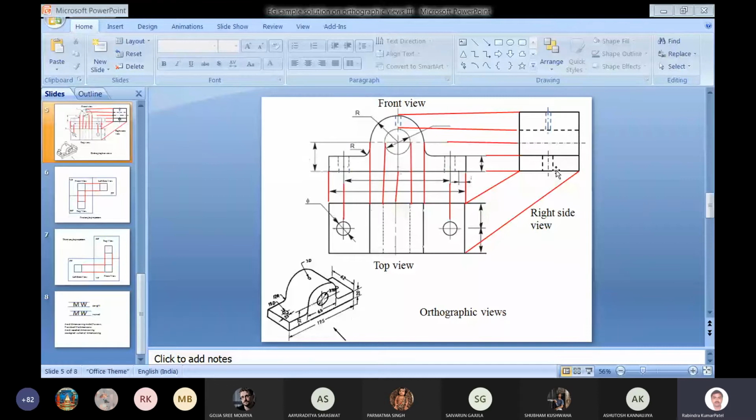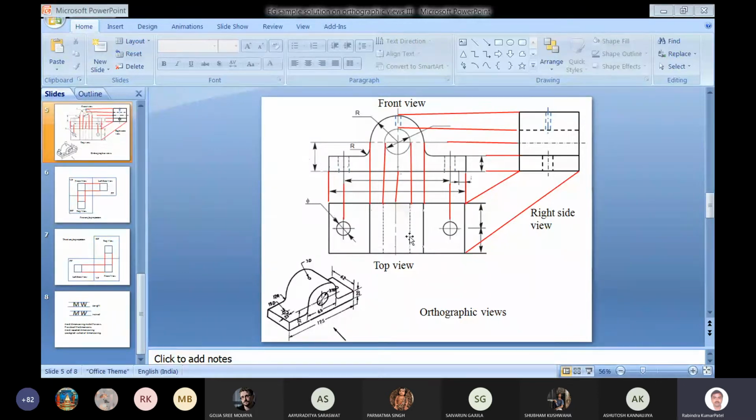And the top view, in the top view you can see the different portions are drawn. Only dashed lines are here and here, and these dashed lines correspond to the circular hole which is passing from this face to this face. We will have two dashed lines which represent the extreme boundary of the cylindrical hole.